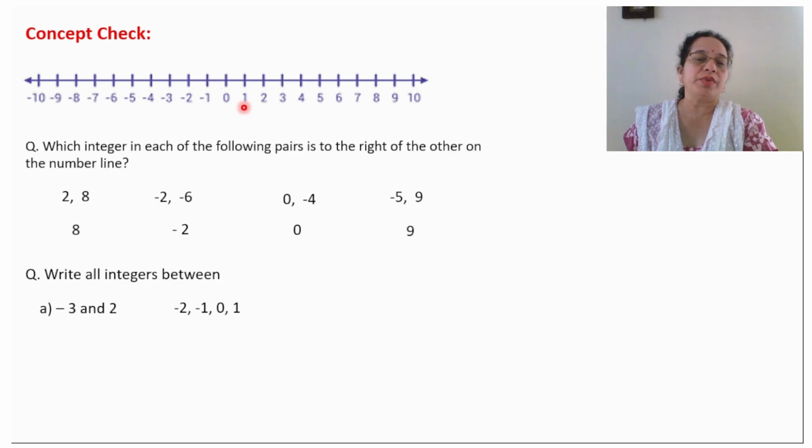These are the numbers between -3 and 2. -8 and -2. This is -8 and this is -2. So which numbers will be there? -7, -6, -5, -4, -3. These are the numbers.